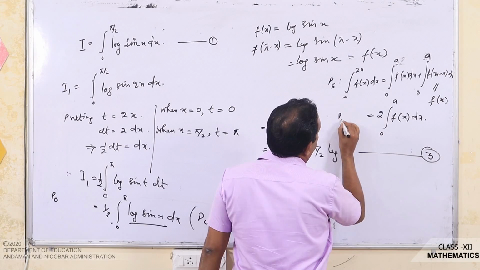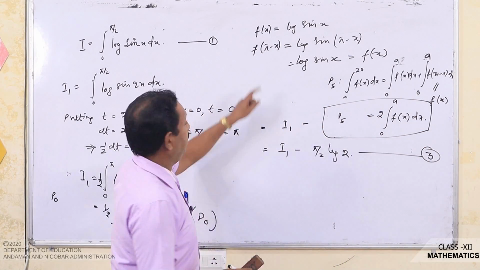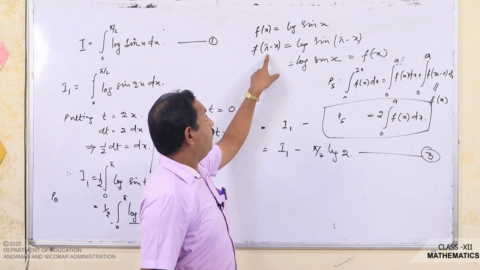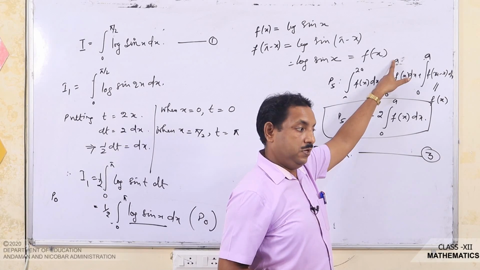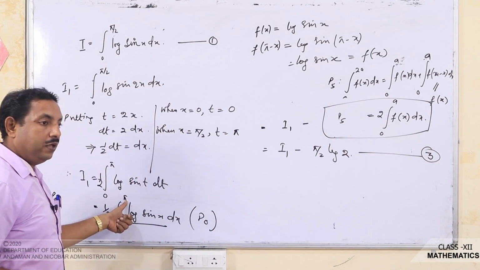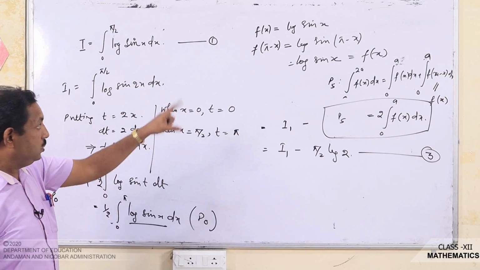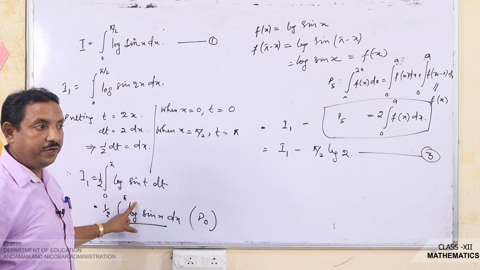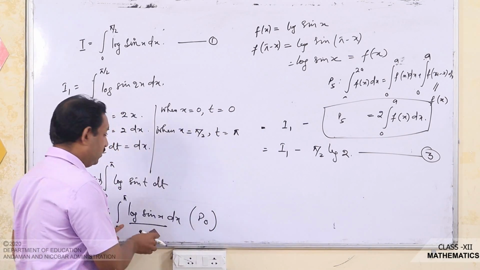That is property P5. So we can see that f of pi minus x gives you f of x. So pi we can write as 2 times pi by 2, and this property is satisfied here.